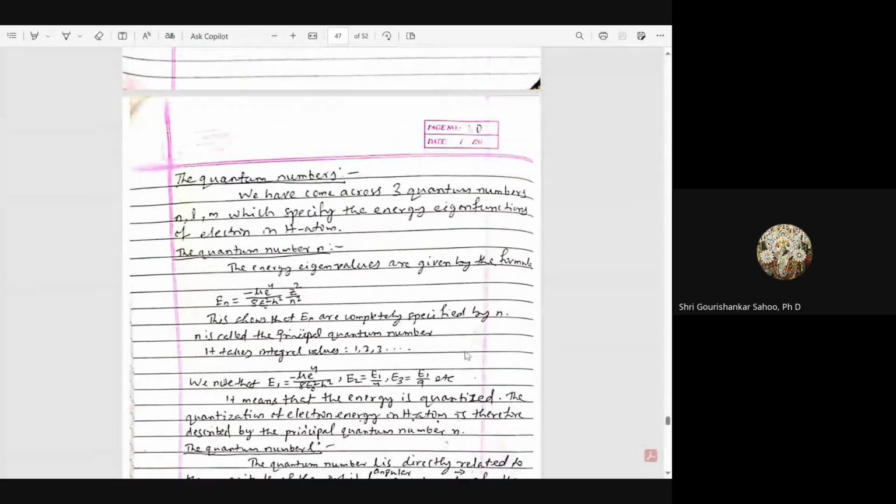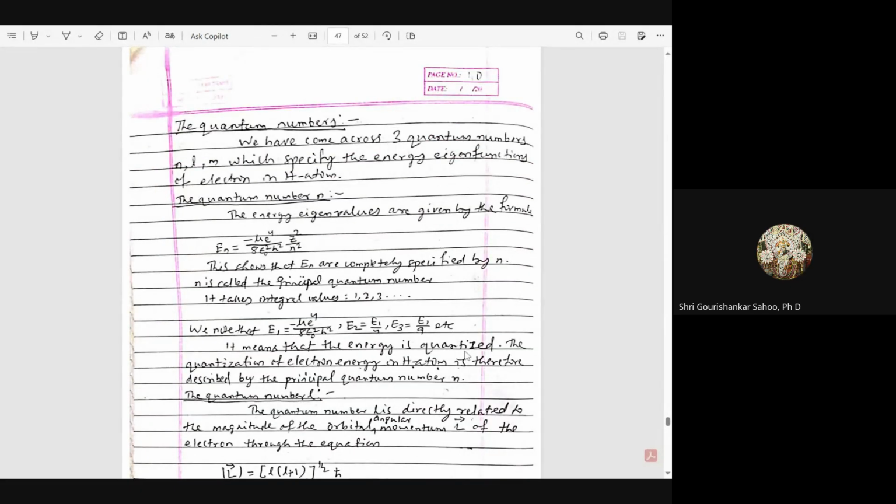And then the quantum numbers, we have come across three quantum numbers, n, l, and m. We specify the energy eigenfunctions of the electron in a hydrogen-like atom, and the quantum number n and the energy eigenvalue are given by the formula En is equal to −μe⁴/(8ε₀²h²) Z²/n², where En is completely specified by small n, and this n is called the principal quantum number.